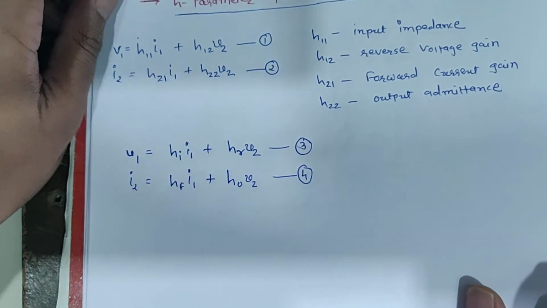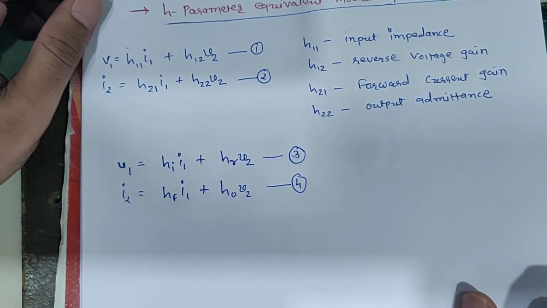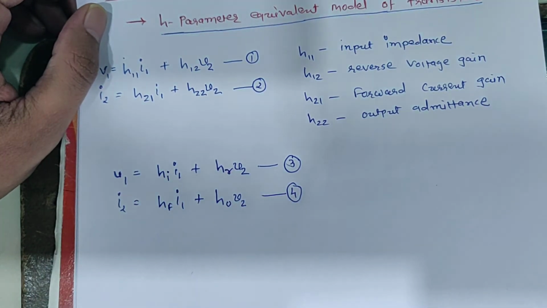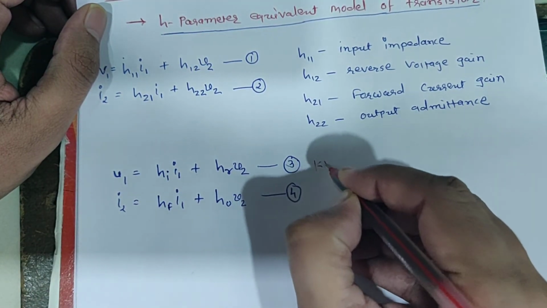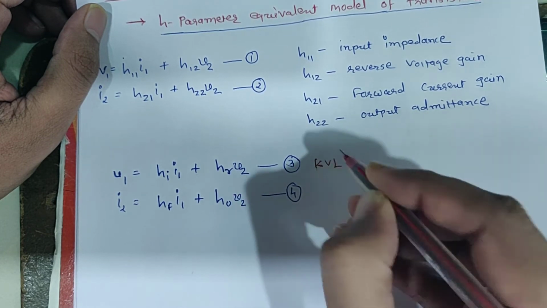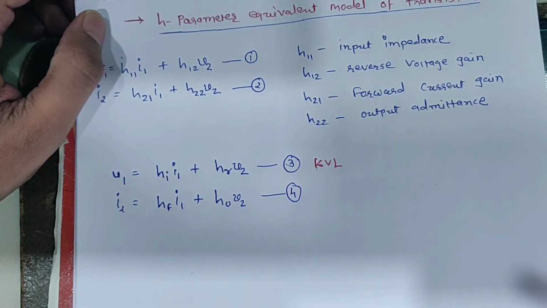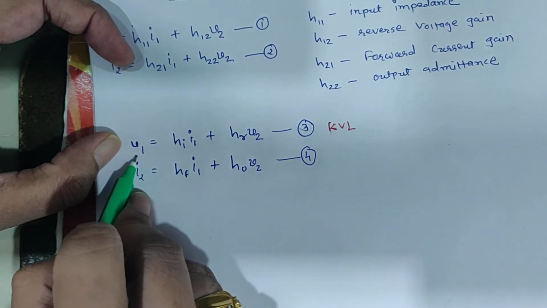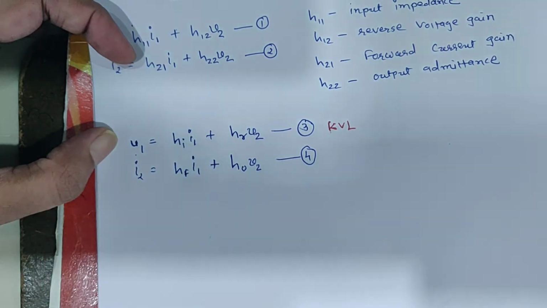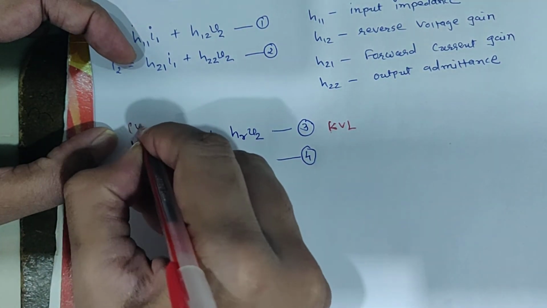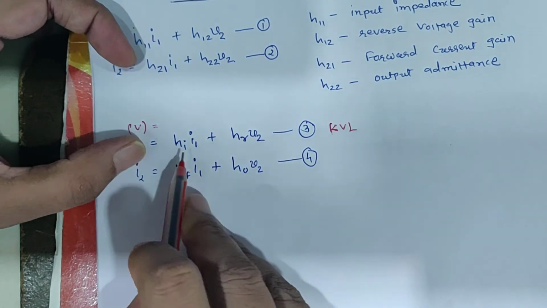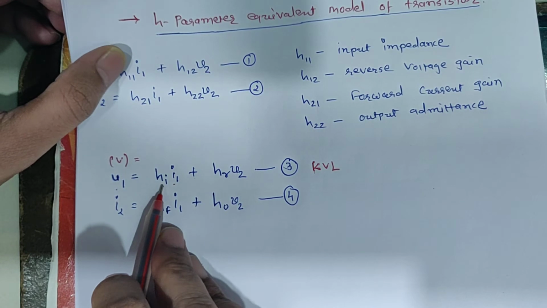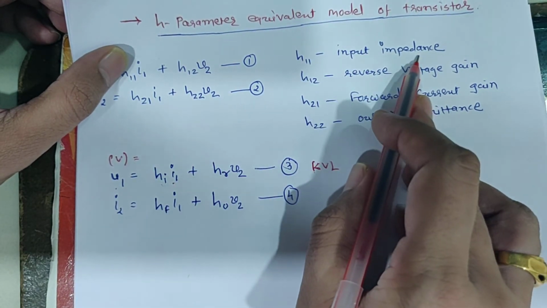Now, in some detail, we have to understand that this equation indicates a KVL equation, Kirchhoff's voltage law. Here V1 is a voltage, so its unit is volts, equal to HI into I1. HI is the input impedance.